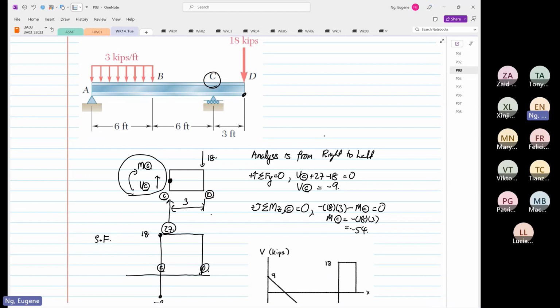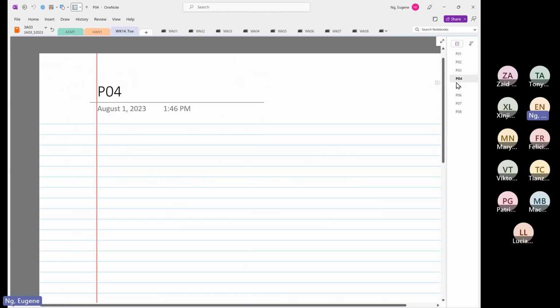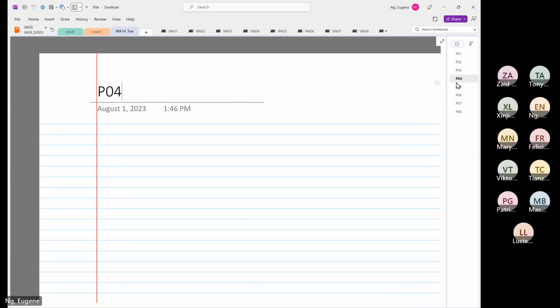Okay, so the next request, really quick, is combined loading. Combined loading, which question, please? Question 6. Okay, question 6.